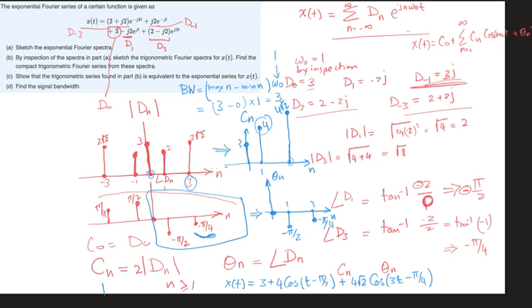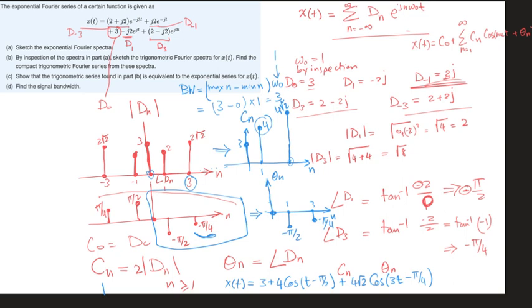We cannot go into the negative, because generally, when we consider the bandwidth, we only look at the positive side. Maximum means the maximum n, not the maximum value. So I mean the maximum n and the minimum n: the highest n that has some non-zero magnitude and the smallest n that has non-zero magnitude.